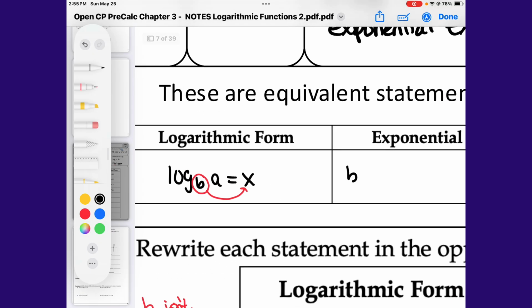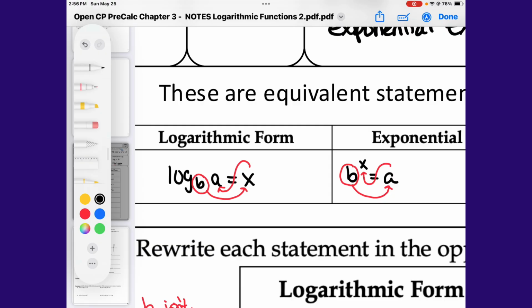So b raised to the power of x. We roll through the equal sign, and that is equal to a. So these two expressions are equivalent to each other. So anytime we roll our log, we start with the base, we go across the equal sign. So log base b of a is equal to x. You can go in either direction.